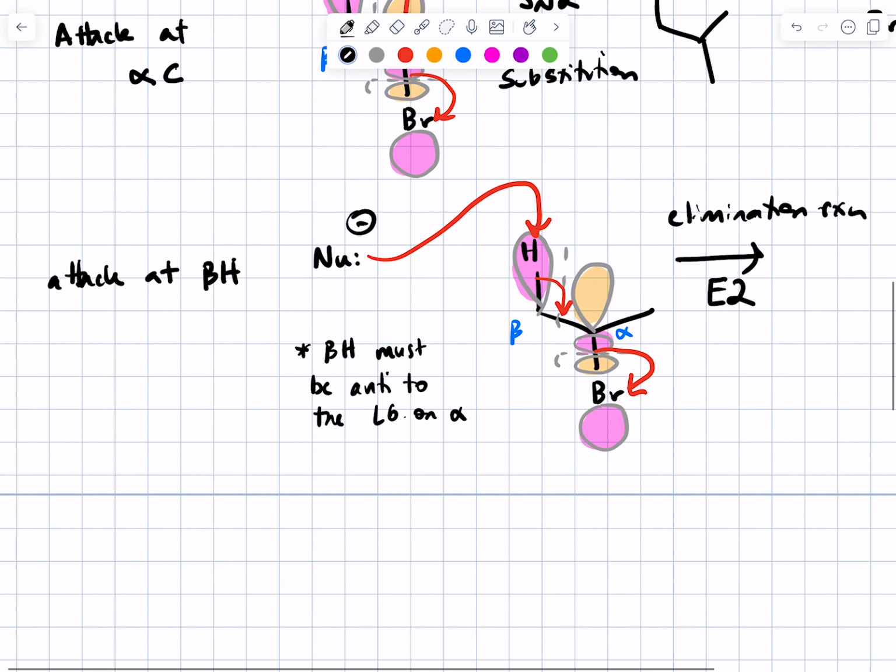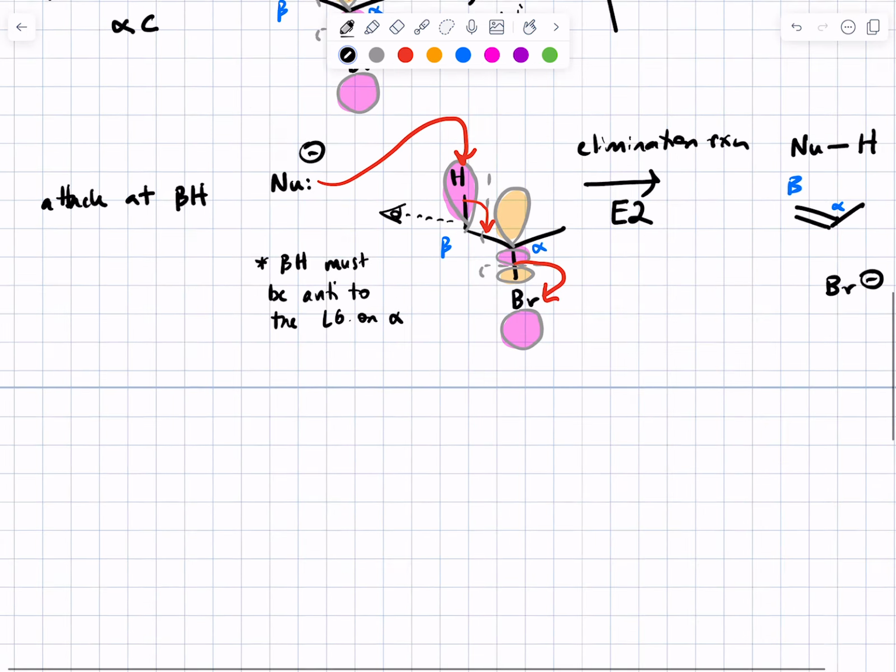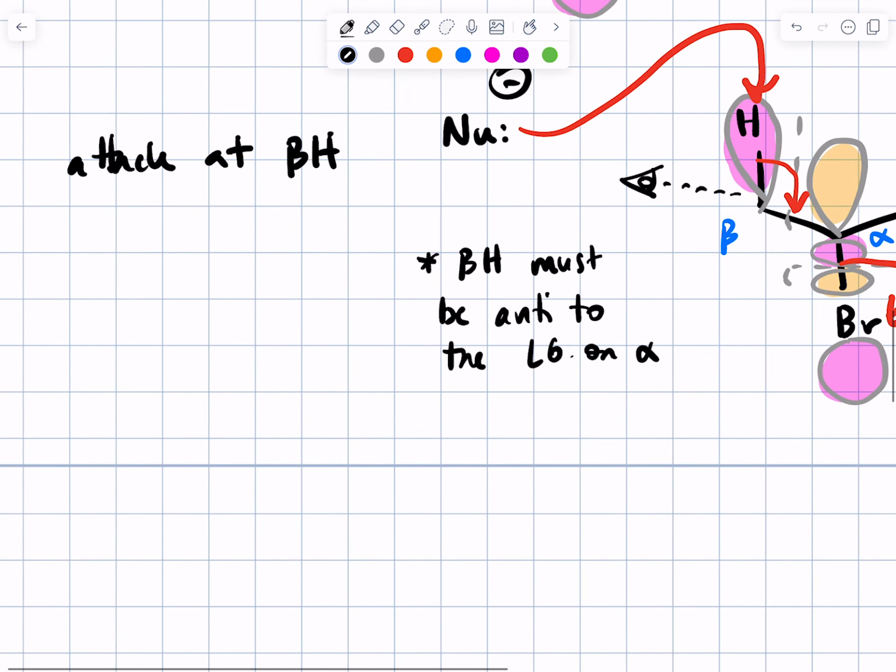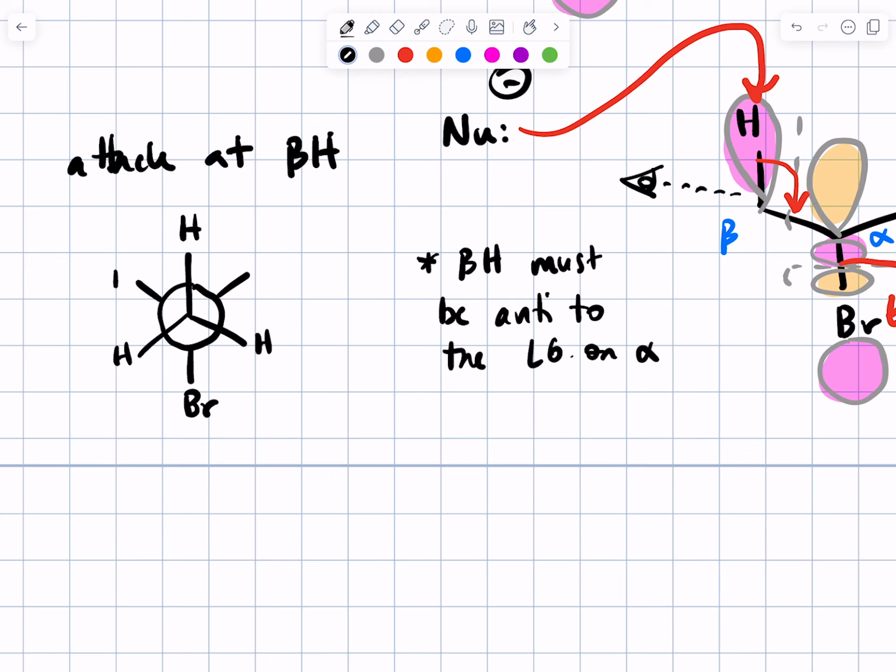If we were to look down this bond between alpha and beta carbons and draw a Newman projection, here is the alpha carbon that I'm referring to. I'll draw the other hydrogens. Then down here is the leaving group. And notice that the beta proton that gets removed, the alpha carbon's in the back, so you can't see it, is anti to the leaving group.